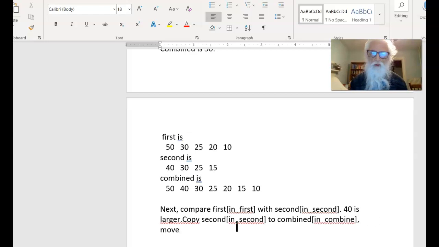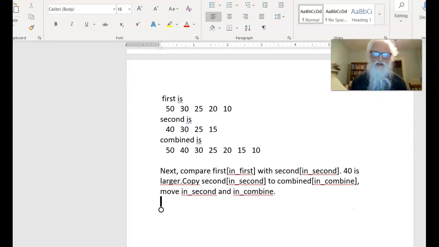We move in second and in combine. So now what we have is in first equals 1. That didn't change.